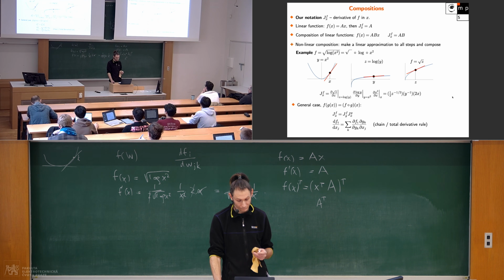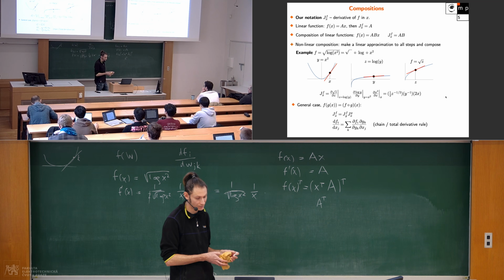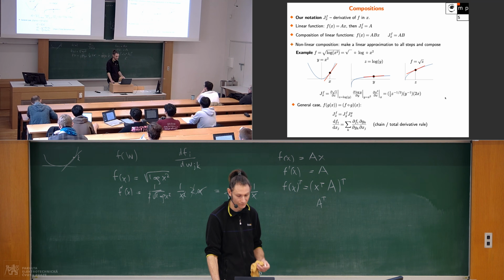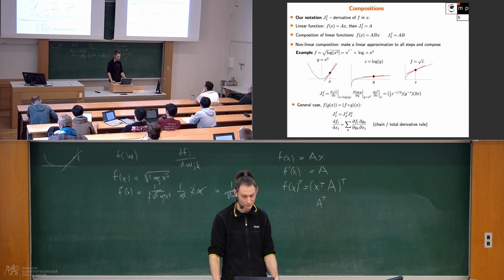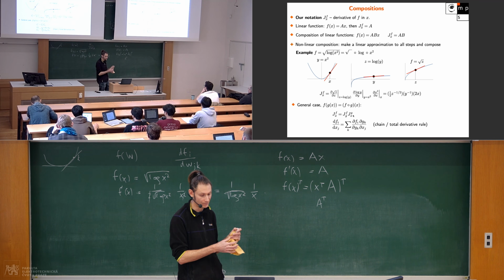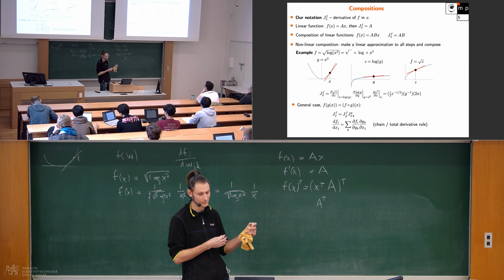But let's now consider a general case. If we have a composition of multivariate functions like this, then what we are multiplying is a linear approximation to each of these functions.